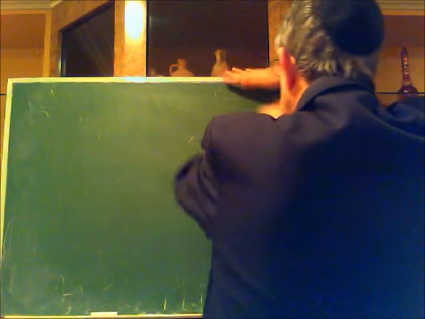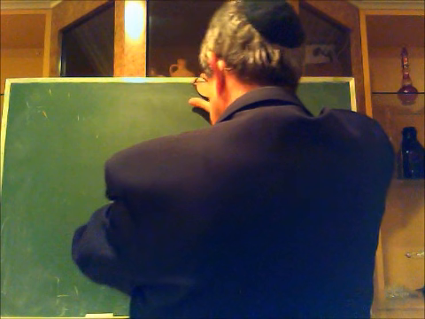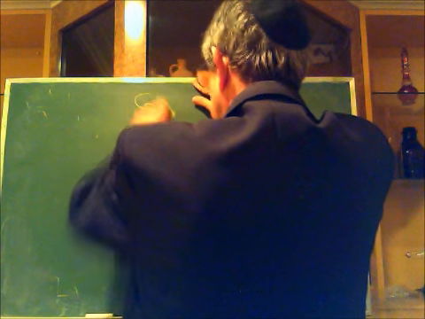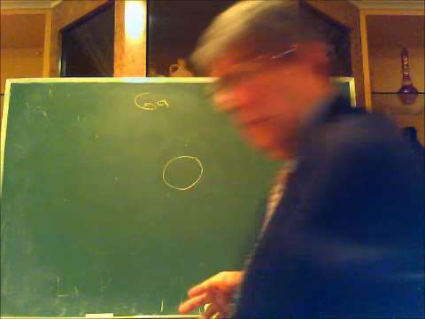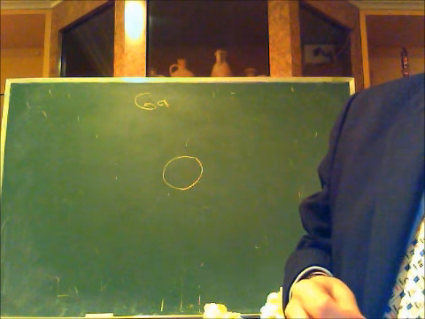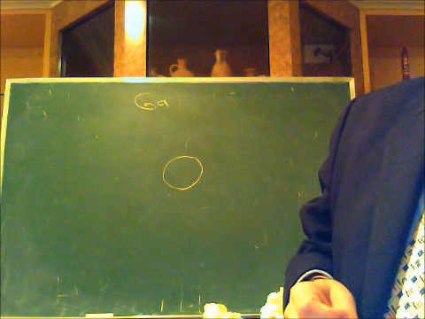We have an example here. It's gallium. So we have a gallium atom, Ga, and this particular isotope of gallium happens to be radioactive, and it's radioactive by electron capture.